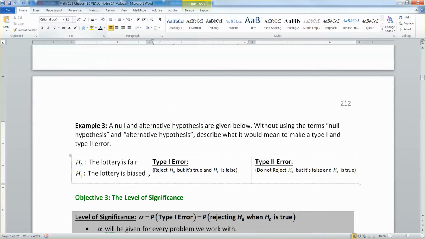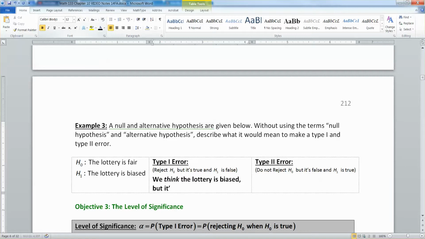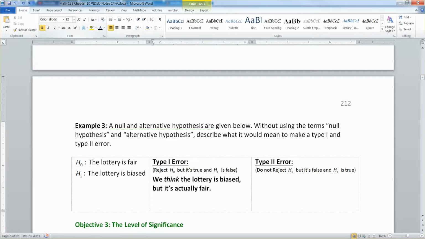All right, there we have it. So we have type 1 error, and I just reminded you in parentheses, that's when you reject the null hypothesis, but it's true, and H1 is false. So what would that be like? That would be we think the lottery is biased, but it's actually fair. Now, gamblers do this all the time.